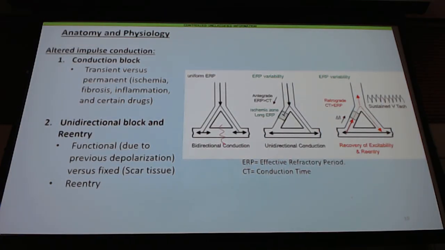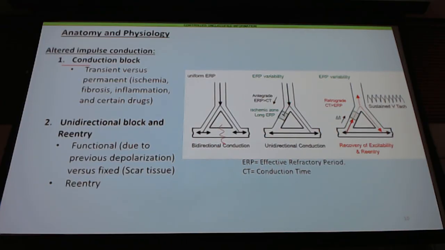But let's look at the conduction side. So we said there's something wrong with going from point A to point B that's causing this arrhythmia to develop. And there are two main types of conduction issues that can be encountered. So we can have the conduction blocks, which would be, think of your right bundle branch blocks, left bundle branch blocks, where the wire is cut going from point A to point B, so it's got to find a roundabout way to get around that.